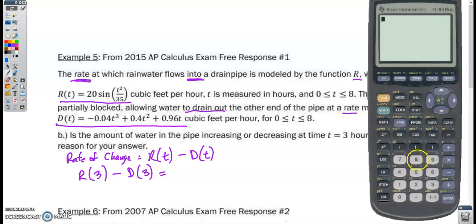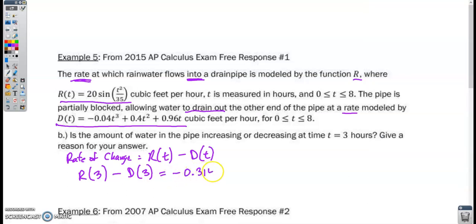All right, so I'm going to take r of 3, that's 20 sine of the quantity 3 squared over 35, minus d of t, so that's negative 0.04 times 3 cubed plus 0.4 times 3 squared plus 0.96 times 3, and this should give us the value that we want, negative 0.314, with negative 0.313 also acceptable if we truncate.